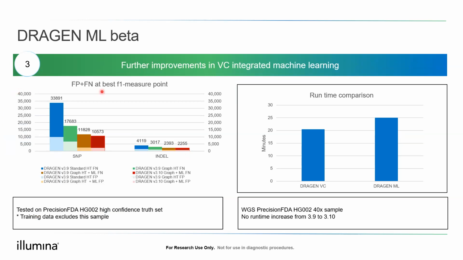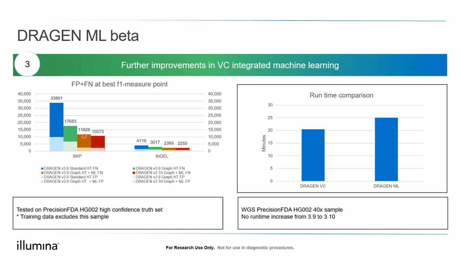Here is some benchmarking. On the y-axis, we are looking at FP plus FN at the best F-measure point. Here we are showing color-coded graphs for SNPs as well as indels. The blue is a standard pipeline without any machine learning, and going down all the way to the red plot, we have the graph and the machine learning enabled with 3.10.